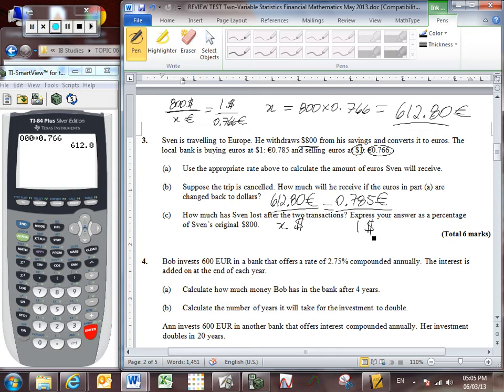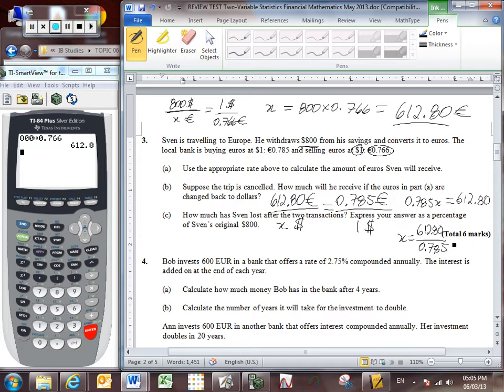You could have both of these fractions upside down if you want. Let's cross multiply then. We've got x times 0.785, that's 0.785x. And we've got 1 times 612.80. And that means that our x is equal to 612.80 divided by 0.785.